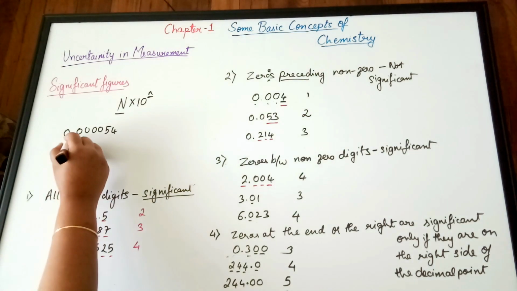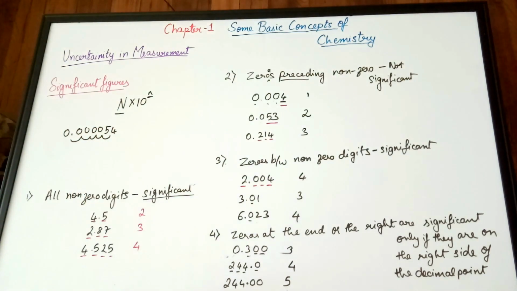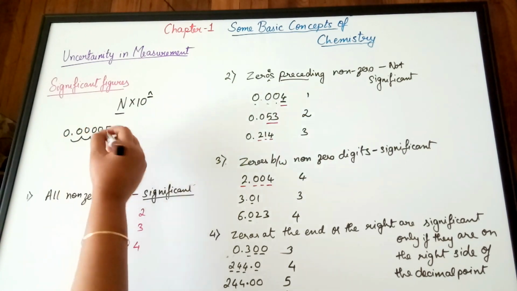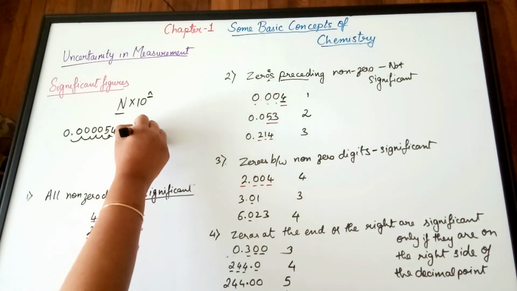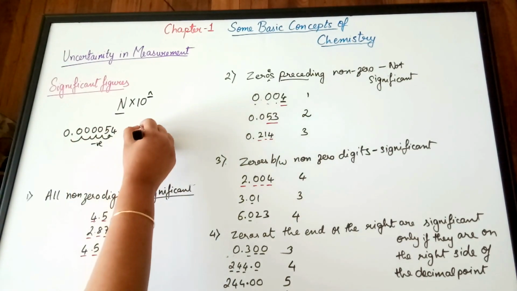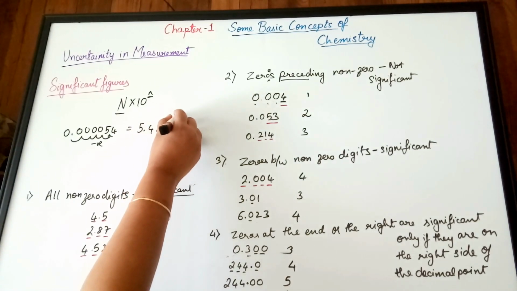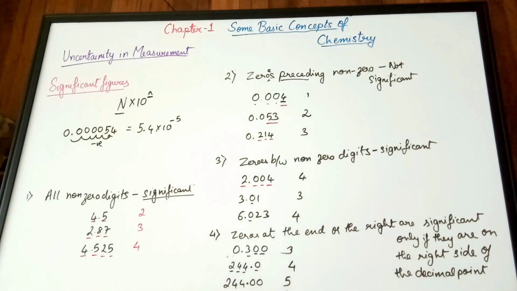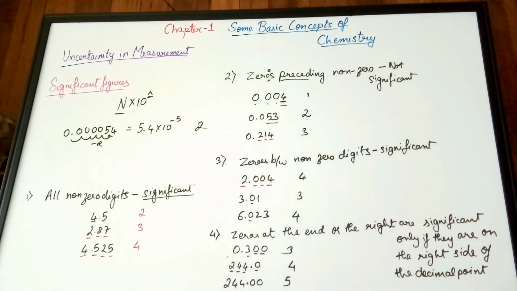So here you will be shifting the decimal point to the right side, and because we are shifting it to the right side, it has a negative exponent. It is going to be 5.4 into 10 to the power minus 5. And these two are non-zero digits. Because of that, it will have two significant figures.